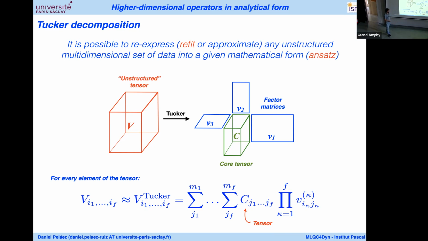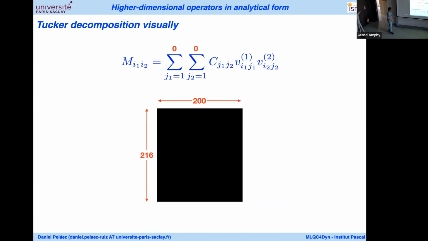More algebraic representation, something like this. Okay, so what we do is that every single grid point here and the associated value will be approximated by this expression here, this Tucker expression. So the message to take home is that instead of storing the whole thing, it's better just to store these parameters, and each time you can compute this. That would be the message.